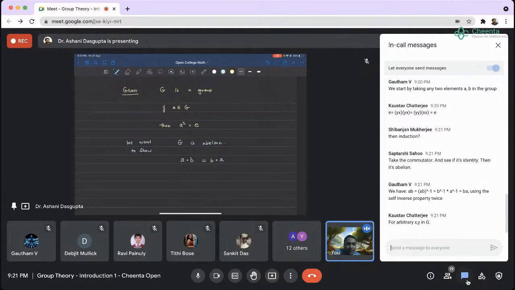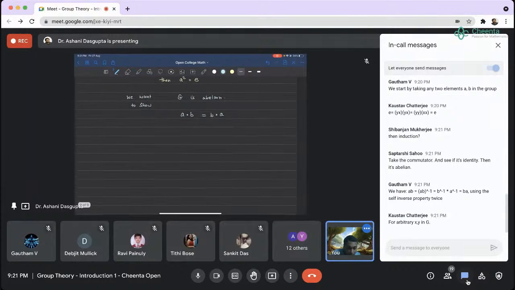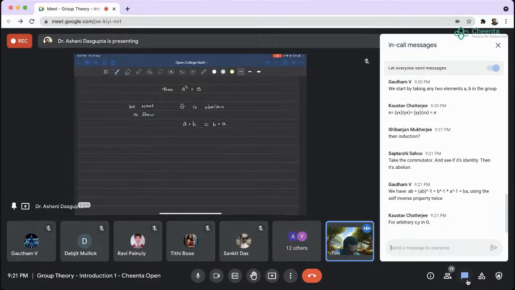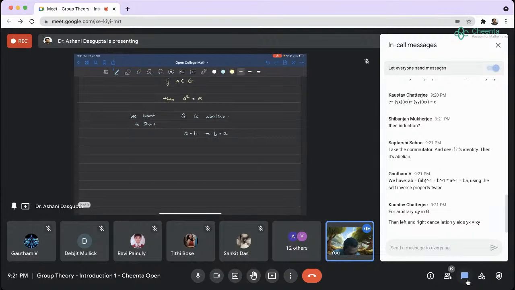Okay, Gautam has a very nice sort of proof going on here. Let's see what he's saying. He's saying, take any two members A and B. Let's look at the inverse of AB, because obviously we are given that AB is self inverse.